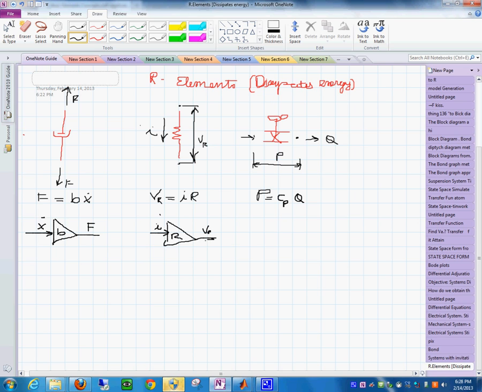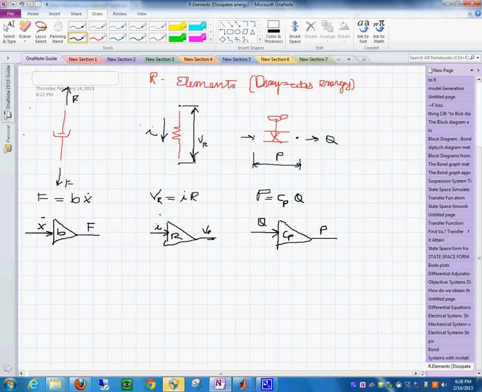And then on the side you have the same structure. Q is here, gets multiplied by Cp, and out comes the pressure.